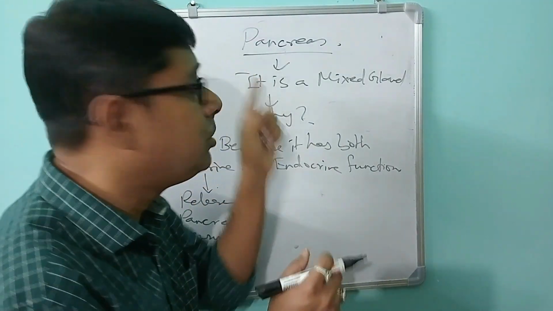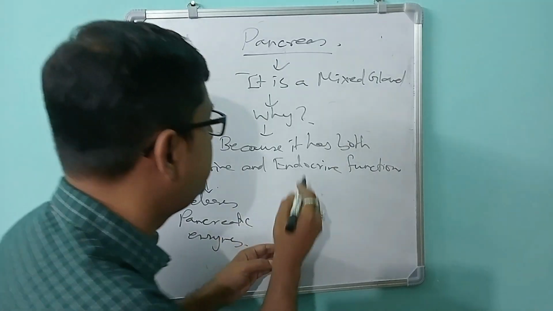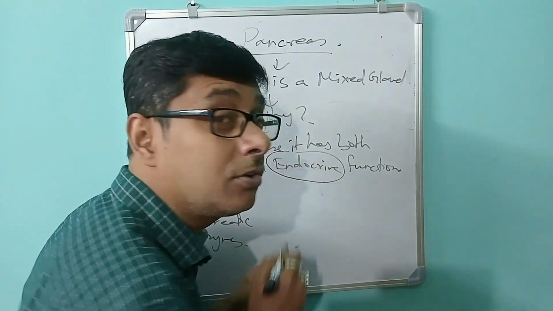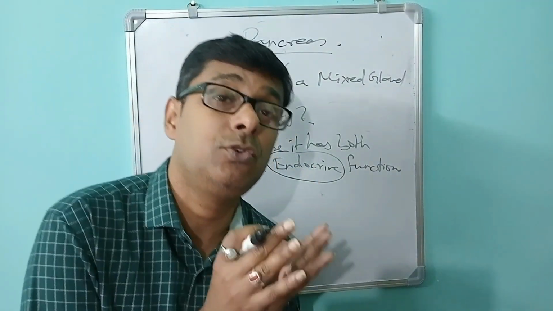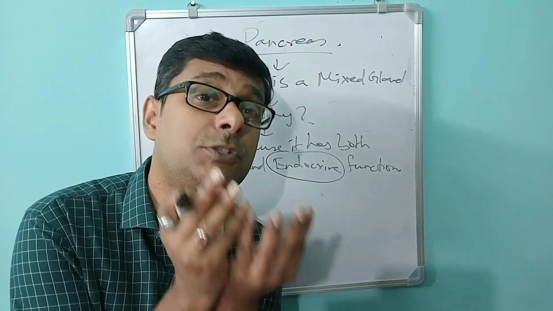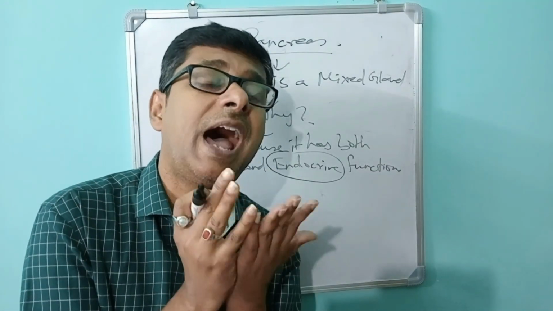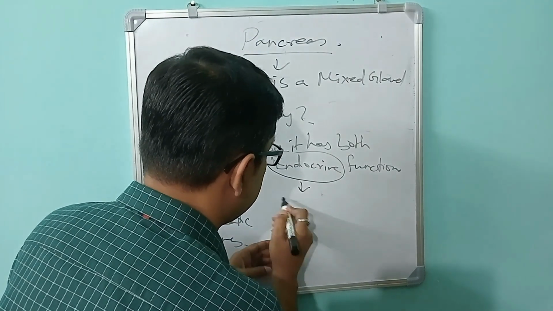Now this chapter, because this is the hormone chapter, we will be dealing with the endocrine part of the pancreas. In the endocrine portion of the pancreas, there is a cluster of special cells which are called islets of Langerhans.